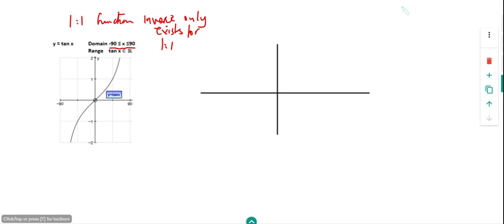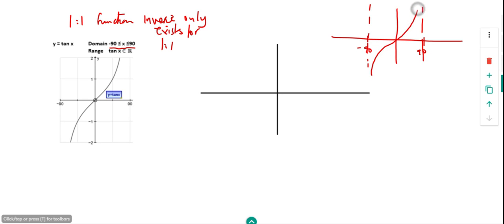Because again, if we look at the graph of tan, we've got asymptotes at 90 degrees and minus 90. The region that we're restricting it to is this region. But if we continued, we would get a repeated shape, and it would be a many-to-one function.